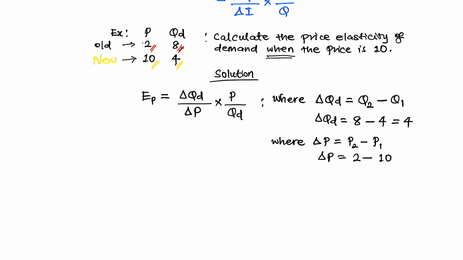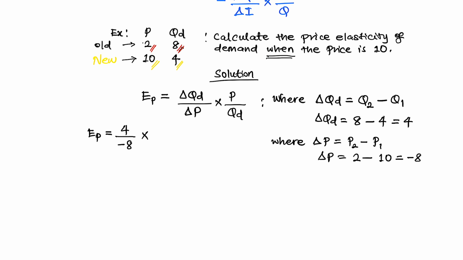The consistency has to be kept. It is very important. 2 minus 10 is negative 8. So we substitute those values into our formula. Price elasticity of demand equals change in quantity demand, which is 4, divided by change in price, which is negative 8, multiplied by the price and the quantity demand.